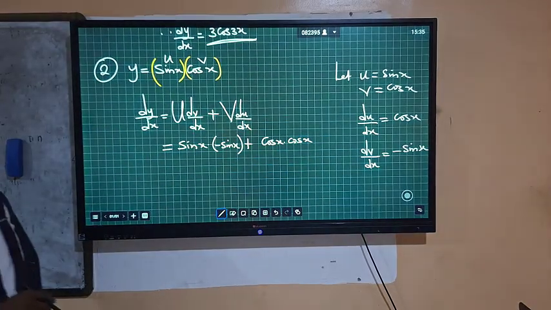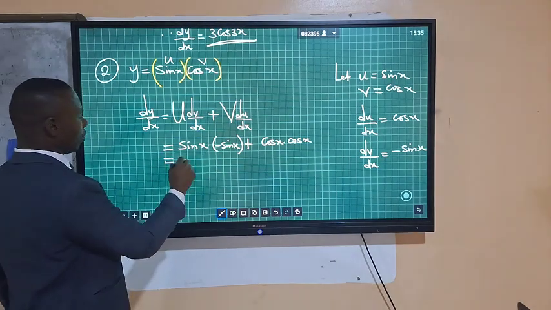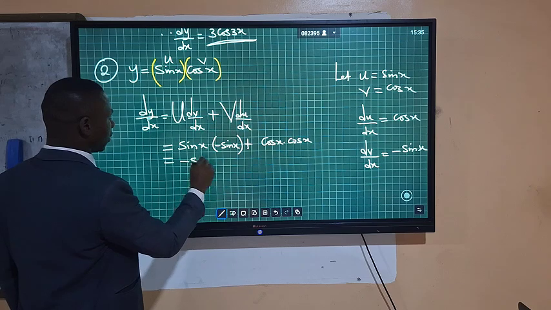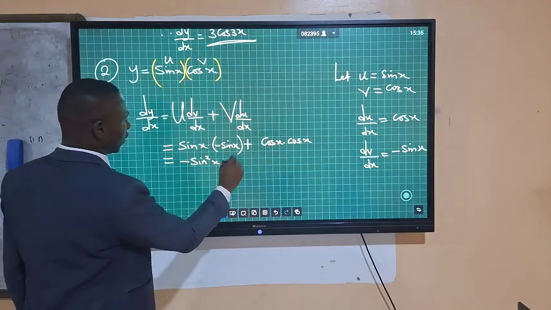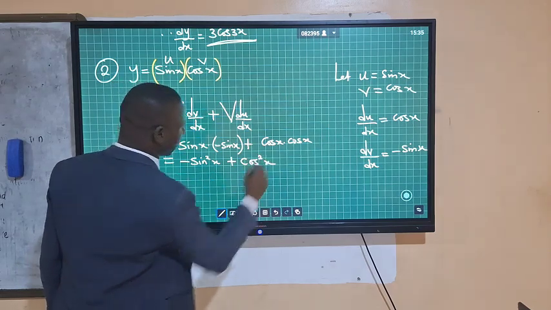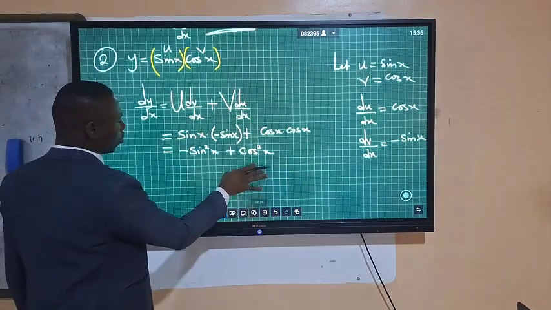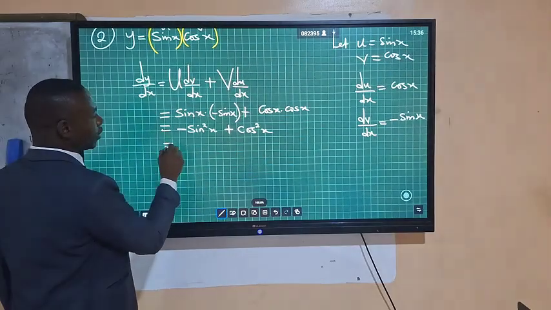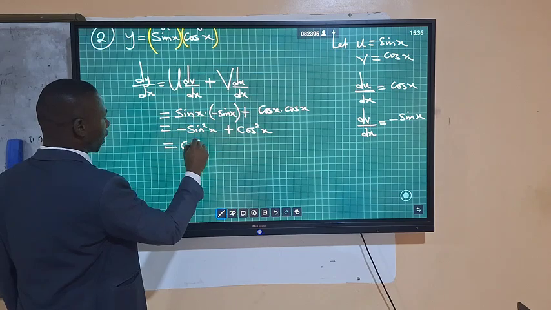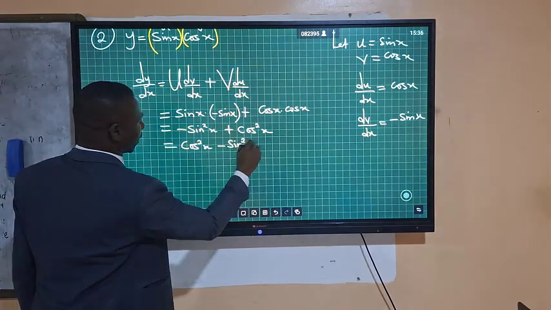Okay? Now, if we simplify further, we're going to get minus sine square x plus cos square x. Alright? So this we can rearrange to have it as cos square x minus sine square x.